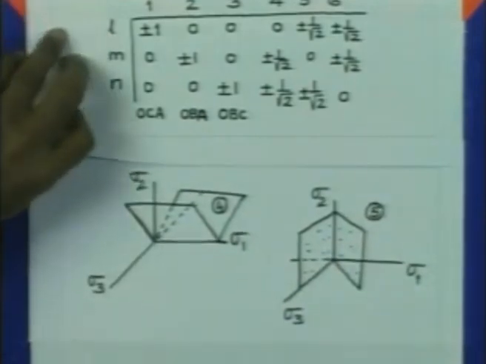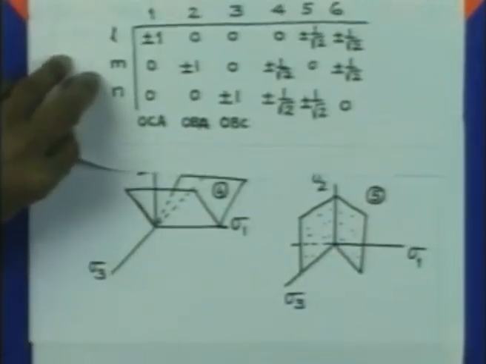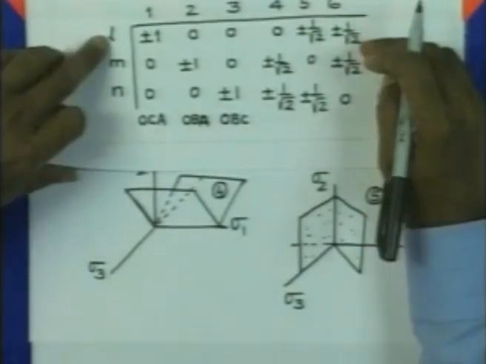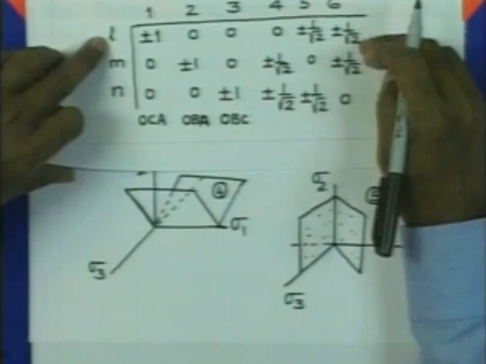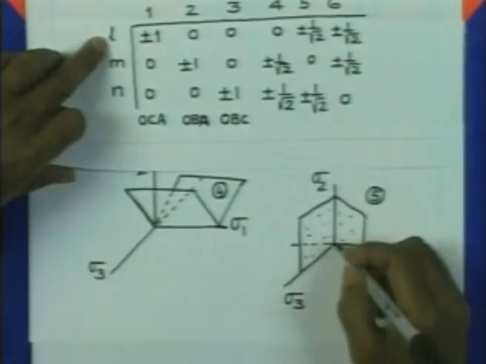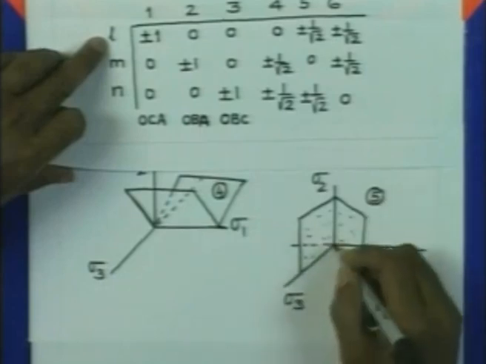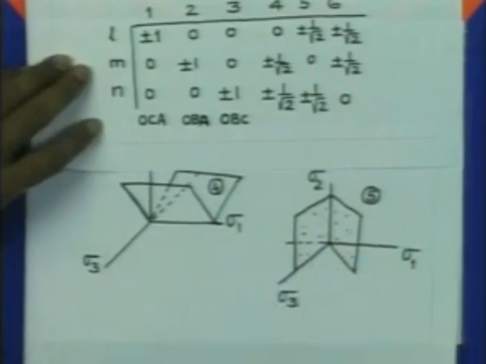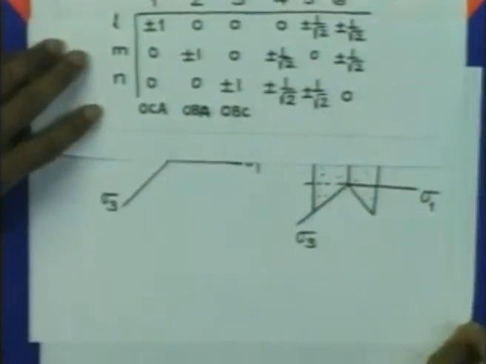You can now do it yourself. The plane number 6 is going to make an angle of 45 degree with direction 1 and 2. So, it will be making an angle of 45 degree like this, and it will be in this quadrant. Also you can take the other plane. I leave it to you to draw it yourself.